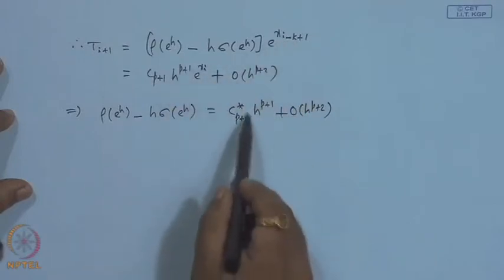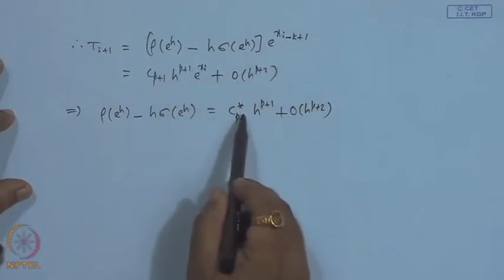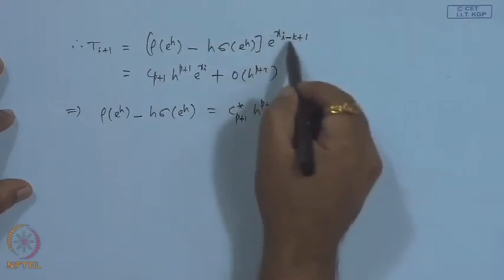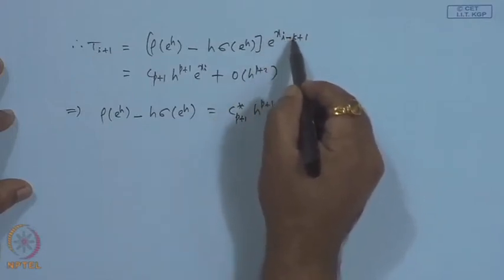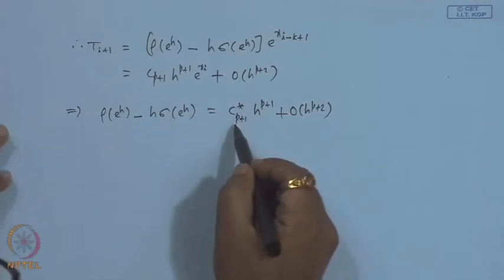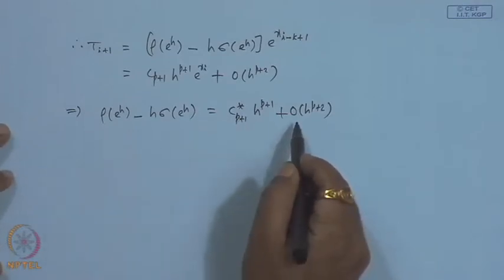So, that e power k minus 1, so this is h times 1 minus k. So, that is given to this coefficient. So, with adjustment it can be written like this.